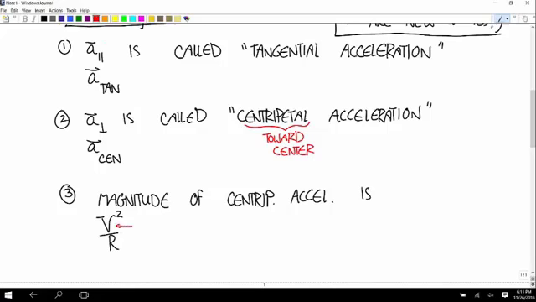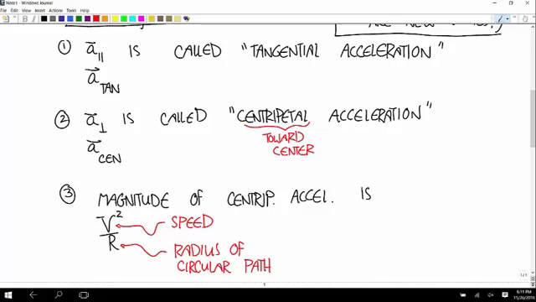So v here is the speed of the object. R is the radius of the circular path. Okay, that's totally new information.